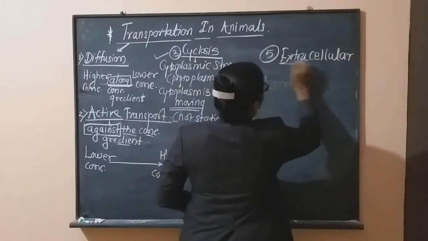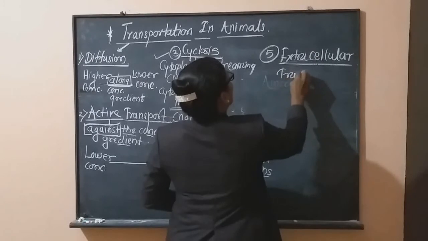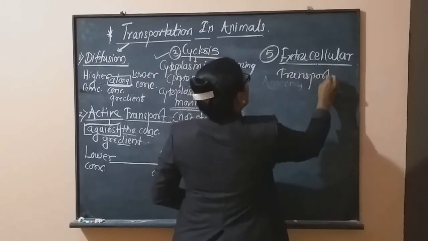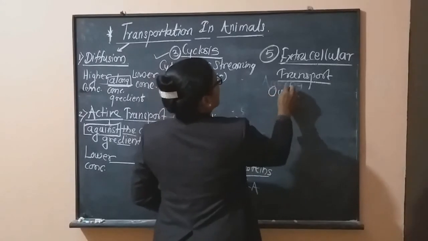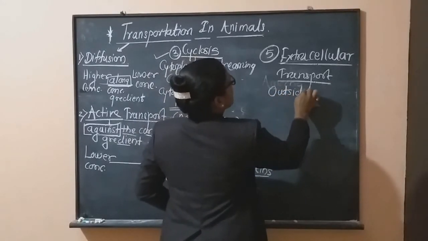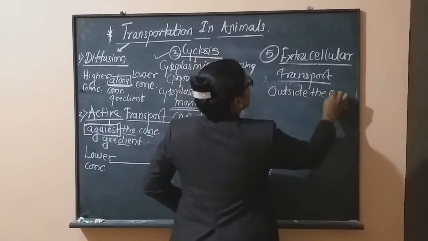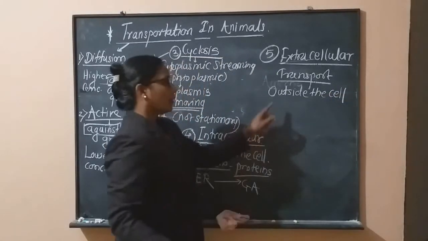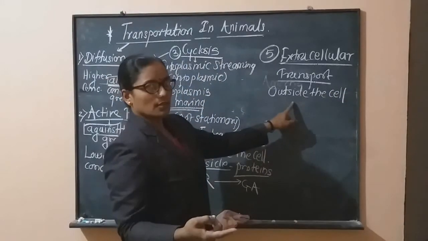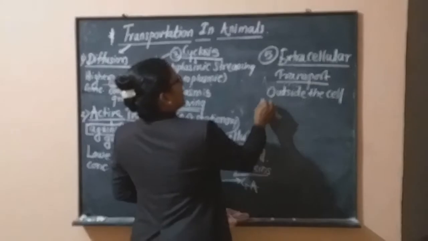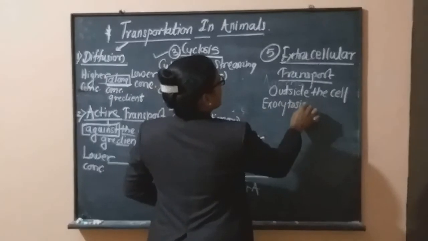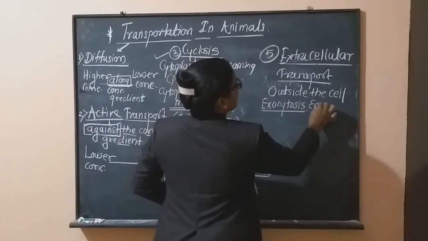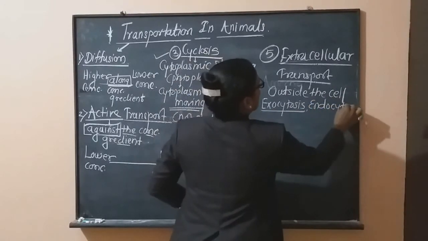Then the fifth one, that is extracellular transport. The word itself indicates that this is outside the cell, meaning transport of material takes place outside the cell. The best examples of this are exocytosis and endocytosis.